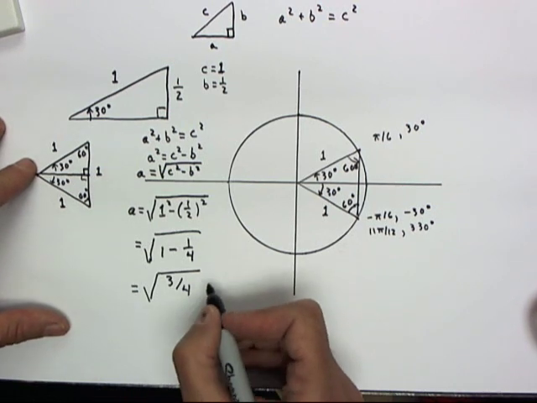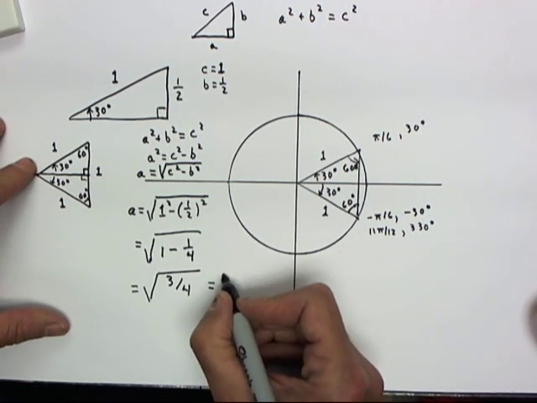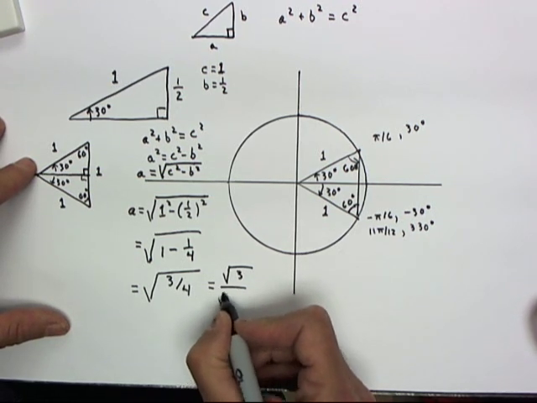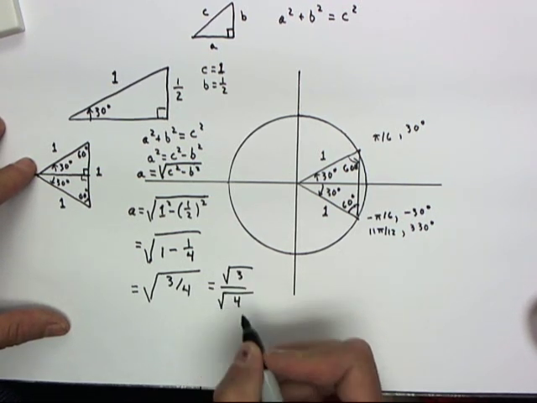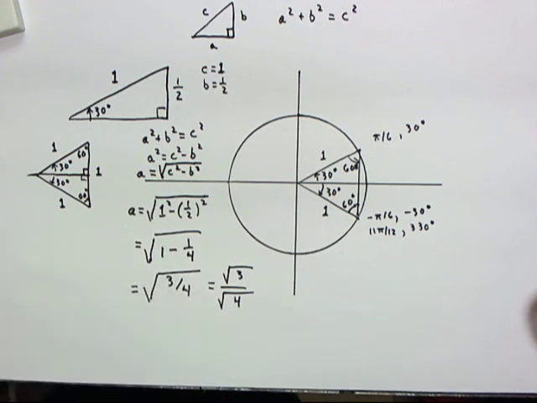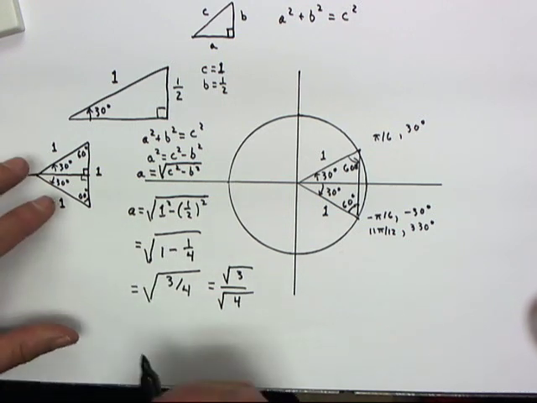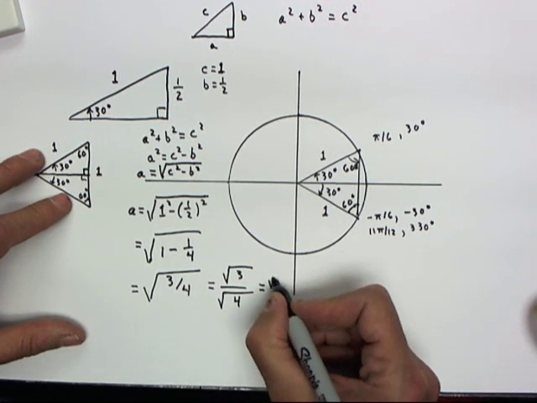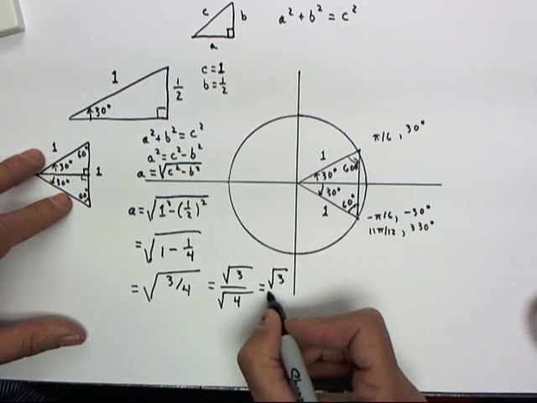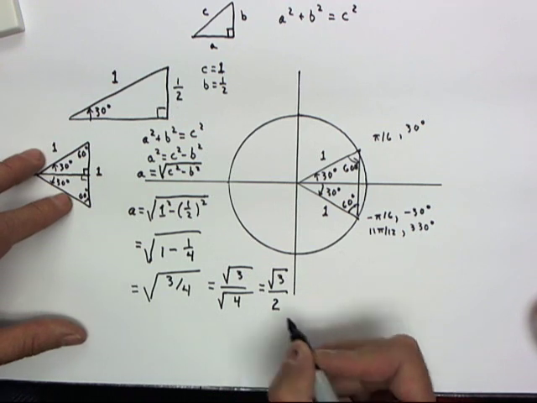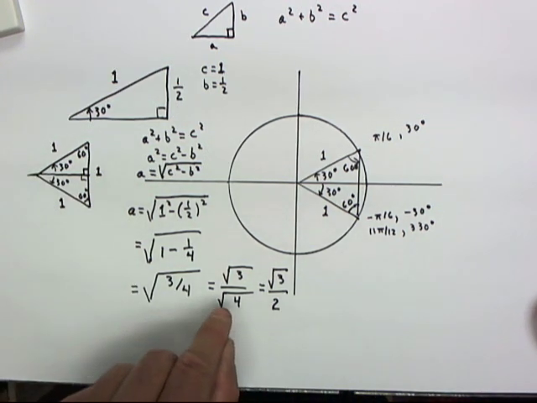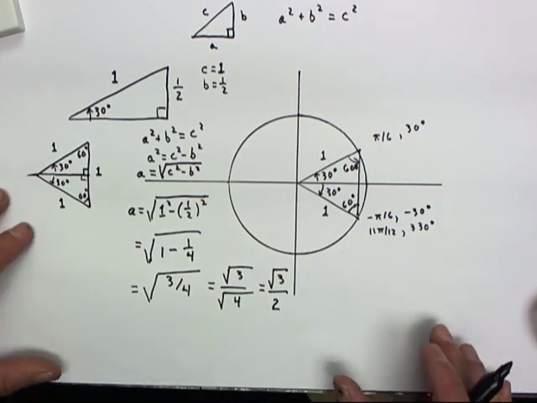Now, the square root of 3/4, by the properties of square roots, is the square root of 3 divided by the square root of 4. The square root of 3 is a number that we might or might not know, but the square root of 4 we certainly know is 2. 2 times 2 is 4, so the square root of 4 is 2.